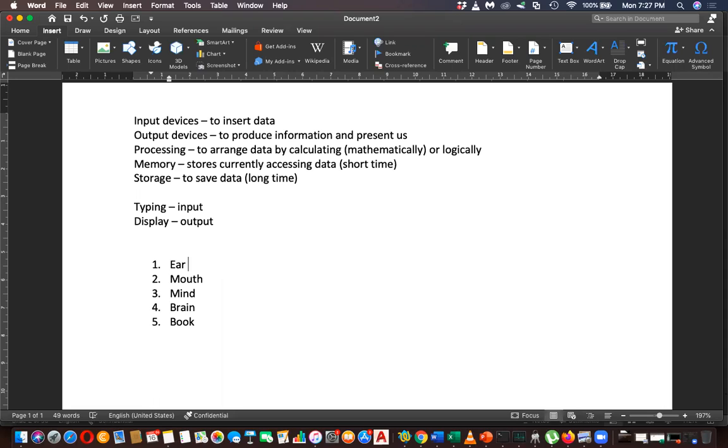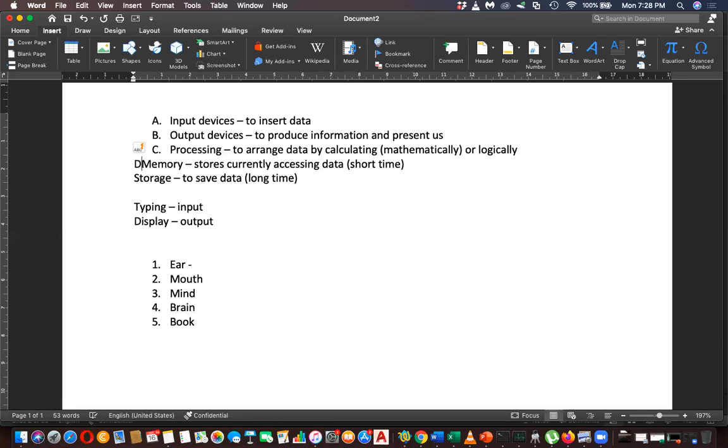Select from these. A, input. B, output. C, processing. D, memory. E, storage.